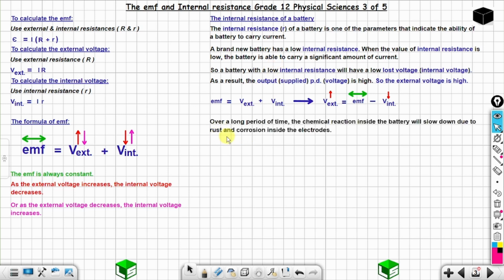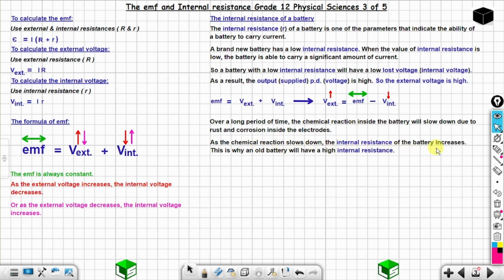So over a long period of time, the chemical reaction inside of the battery will slow down due to rust and corrosion inside the electrode of the battery. As the chemical reaction slows down, the internal resistance of the battery increases.